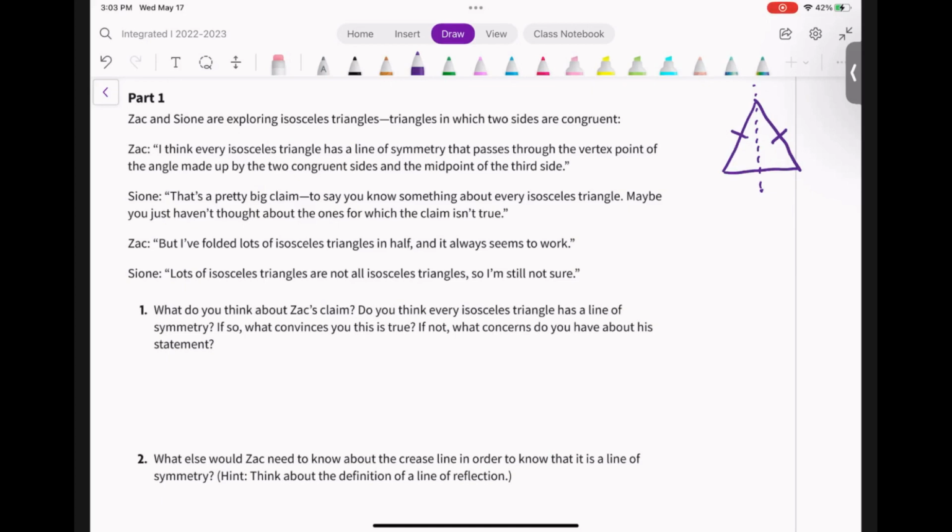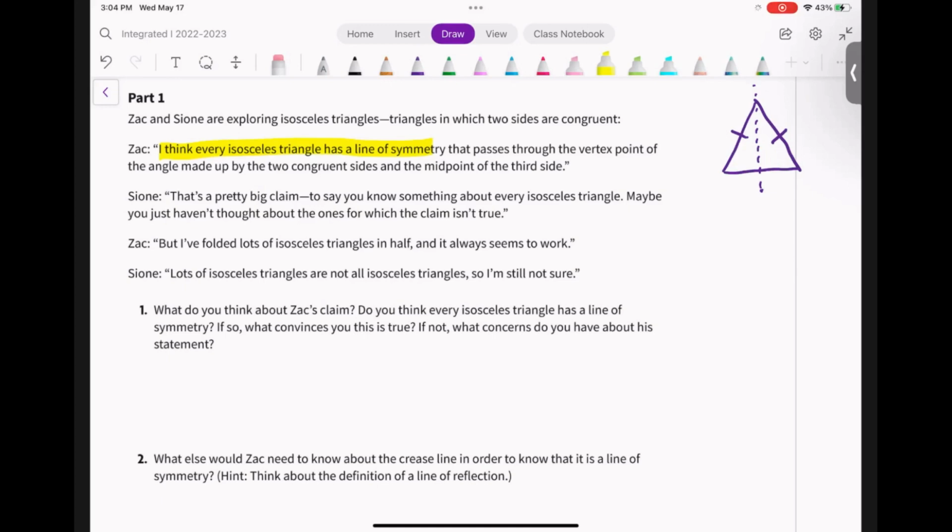All right. So maybe some of you are like, yeah, I agree with him. He's folded a bunch of them, so it must be true. That's okay, but in math, when you make a claim like I think every isosceles triangle has a line of symmetry, and you haven't checked all the cases, it's only true for the ones that you've checked.